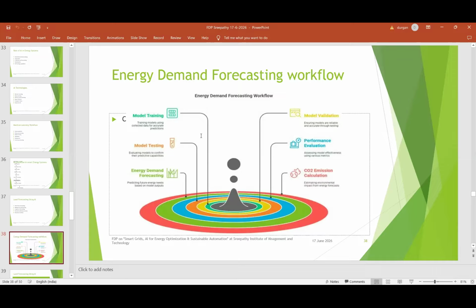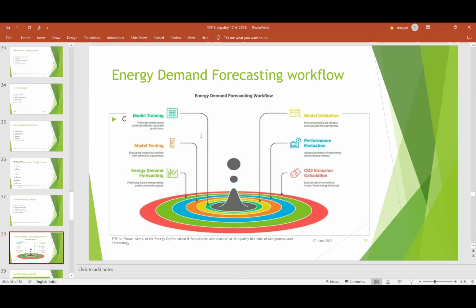So this is the energy demand forecasting workflow. It uses a bidirectional LSTM, bi-LSTM, algorithm.